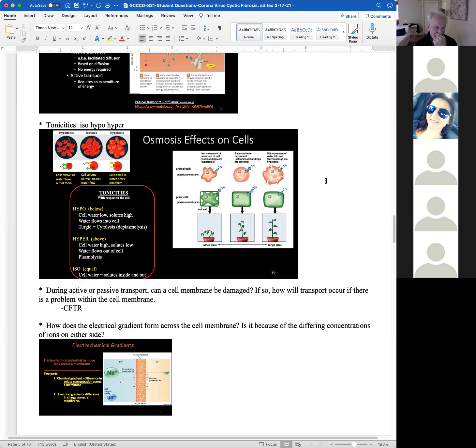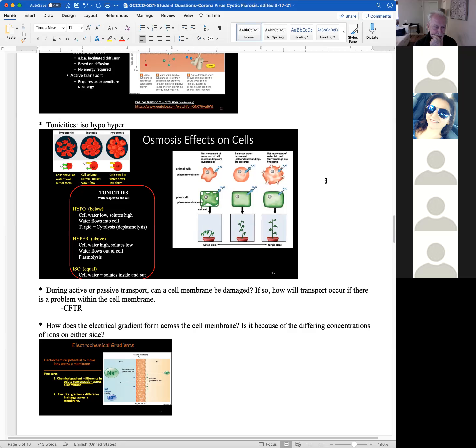You'll probably not see isotonic questions because nothing really happens, but you definitely need to know the difference between hypotonic and hypertonic. In workshop, I can go over these in much greater detail, but you really need to understand that when they say tonic, they're referring to solutes. So you have to look at solutes. Do not look at the water, look at the solutes.